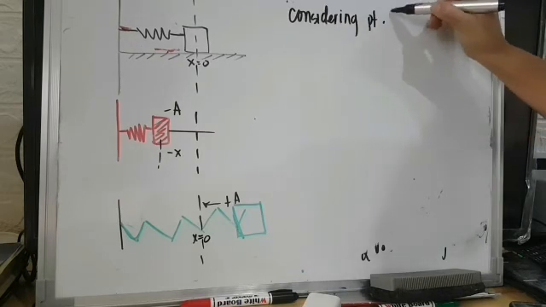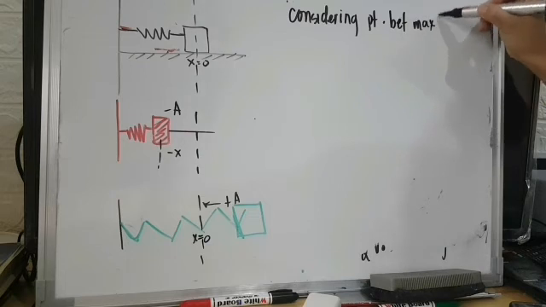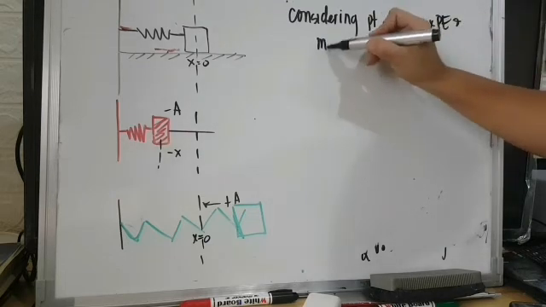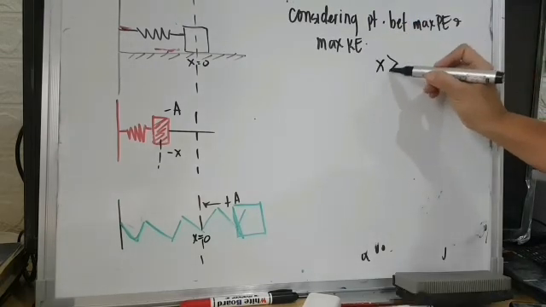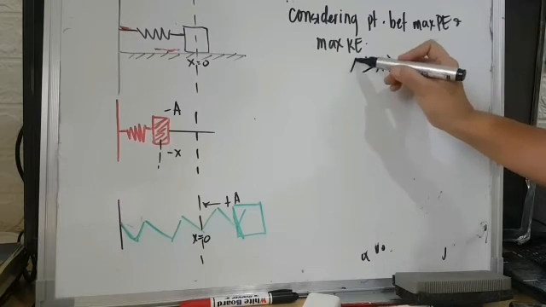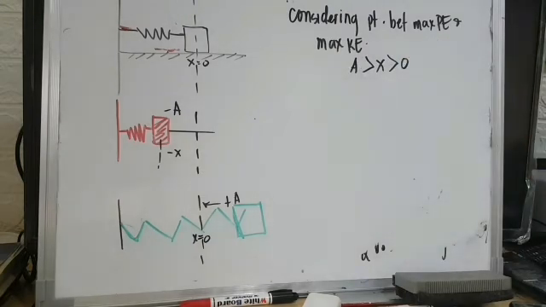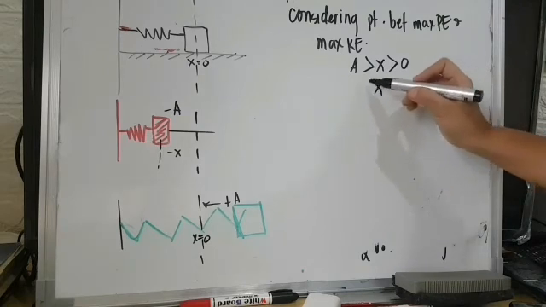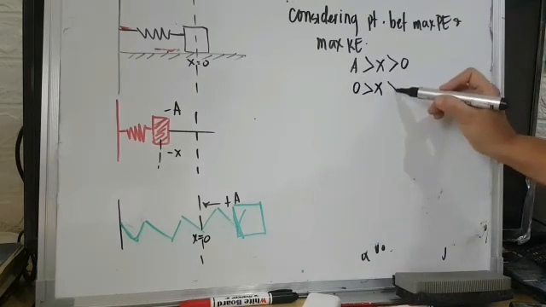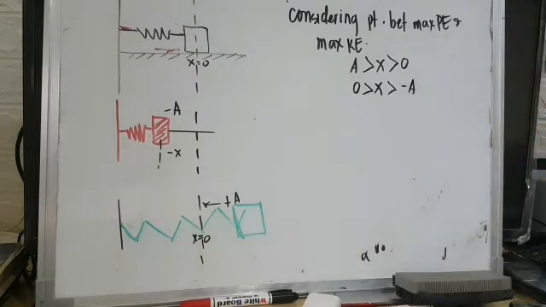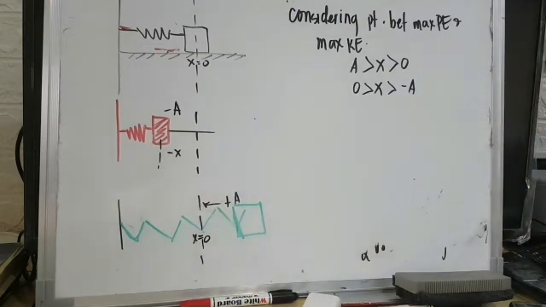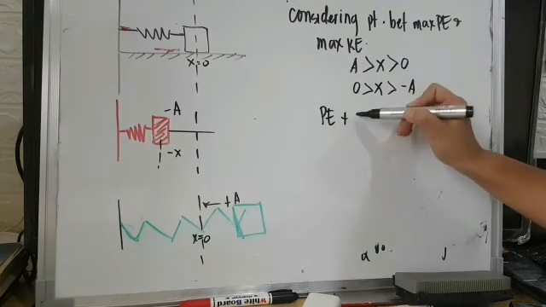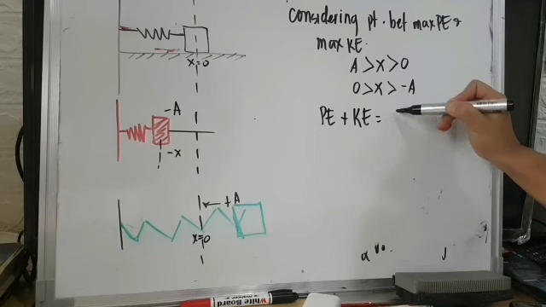Considering the point between maximum potential energy and maximum kinetic energy, it is a point x greater than 0 but less than A. Okay? Or also at x less than 0 but greater than negative A. So it's at this point, in between. They both have potential energy and kinetic energy that equal the total energy.